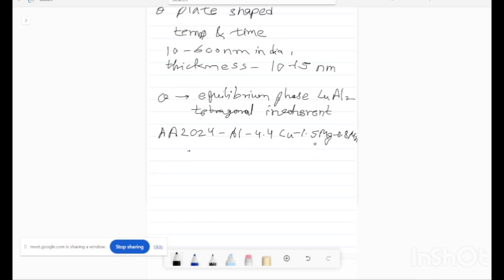As magnesium is also added in this alloy, it will play a role in the nucleation of precipitate also. So because of the presence of magnesium atoms, the cluster of copper and magnesium will form first. Then aluminium atoms join.